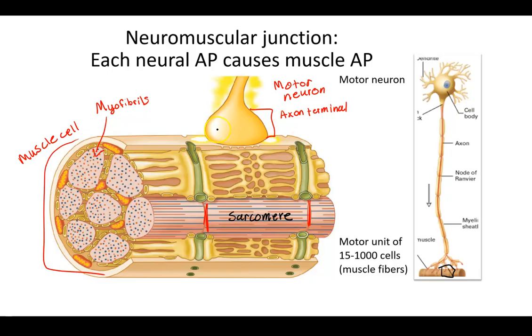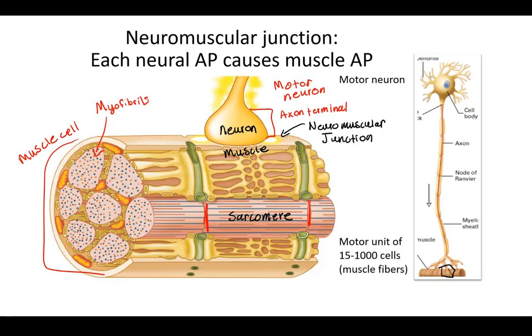When we have this connection of neuron to muscle, this connection is called a neuromuscular junction. This is called a neuromuscular junction, where a neuron and a muscle cell come together and they will communicate with each other.